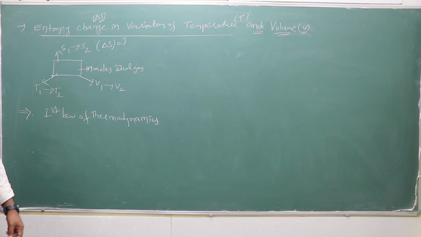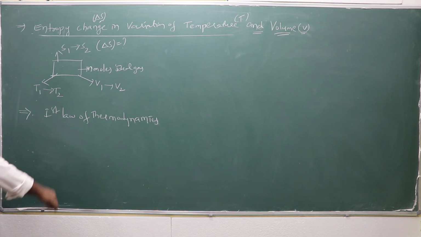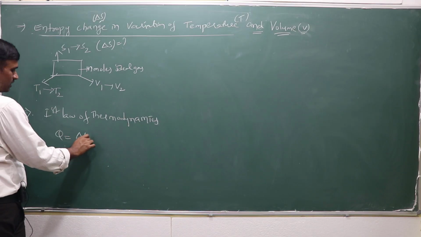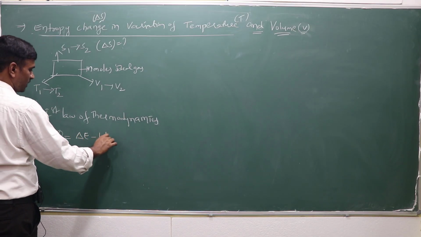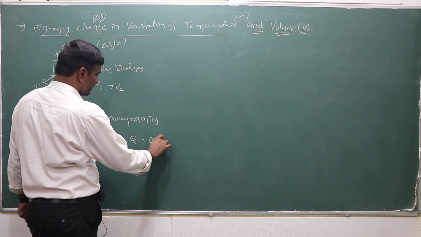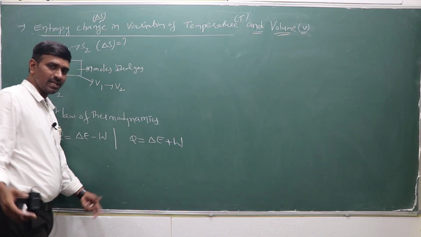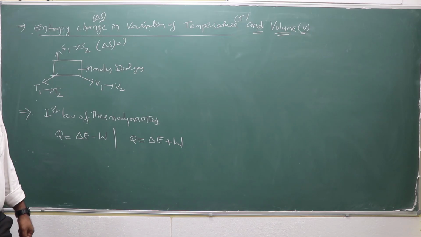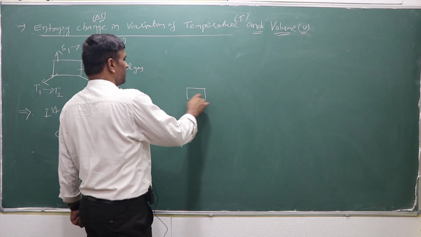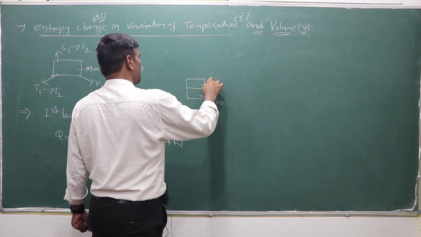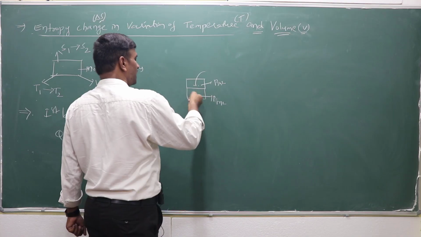Depending on that, W is positive or negative. So Q is equal to delta E minus W is one form, and another form is Q is equal to delta E plus W. It depends upon the external pressure as well as the internal pressure.